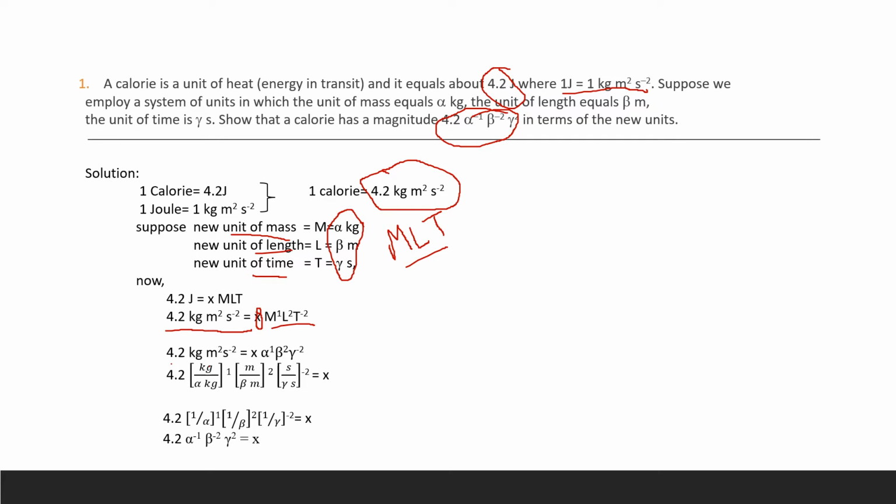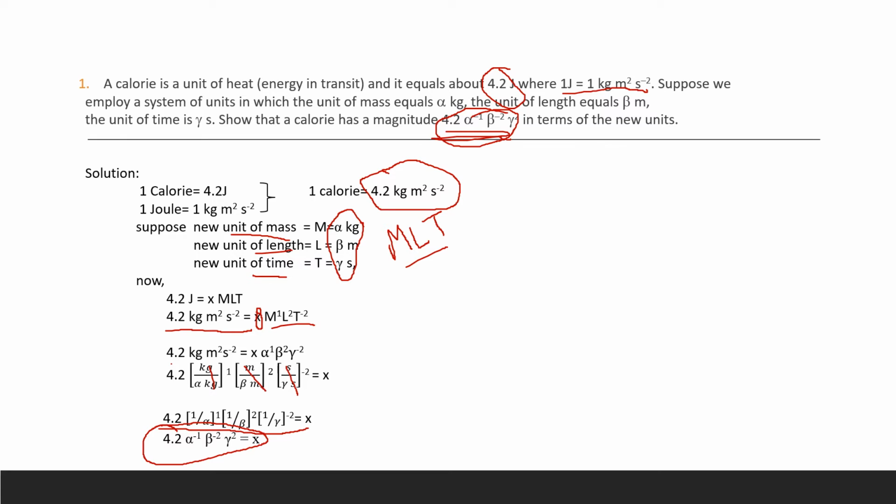So remaining is 4.2, 1 by alpha, 1 by beta square, 1 by gamma, the whole power minus 2. Now we can take alpha, beta, gamma to the numerator. So what we get is 4.2 alpha power minus 1, beta power minus 2, and gamma power 2. So we have proved the solution.